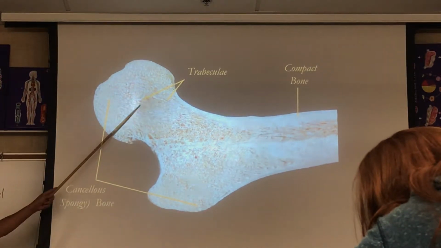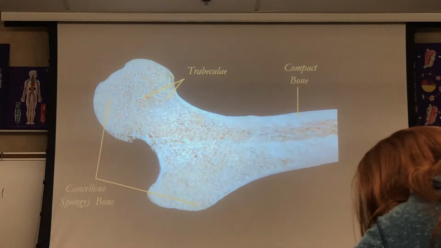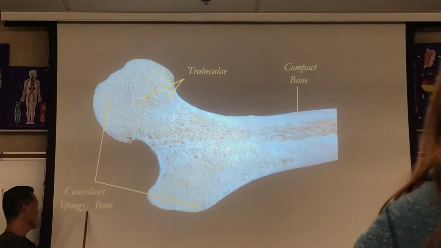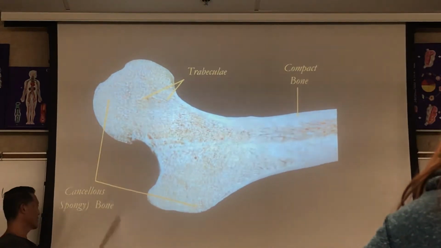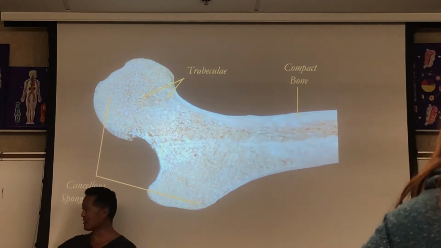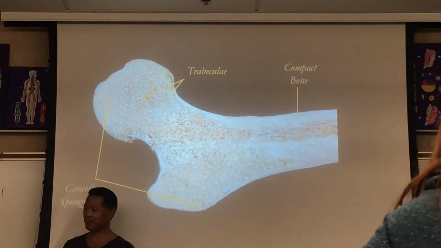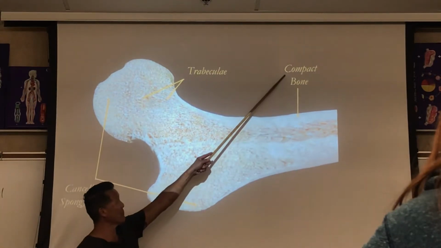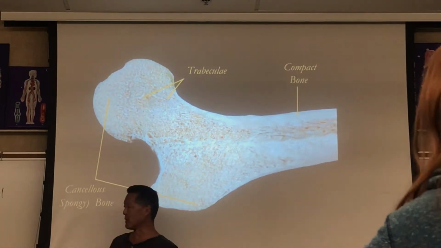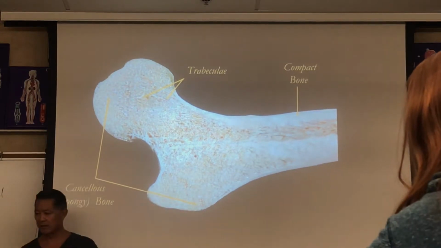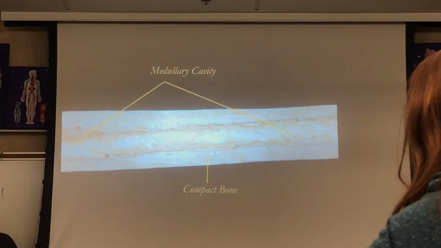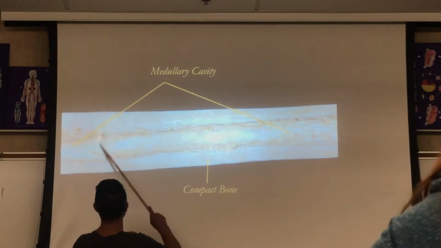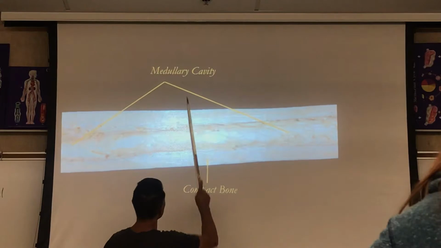But all these trabeculae make it look spongy, hence it's called spongy bone. You actually have three synonyms you can use: spongy bone, cancellous bone, and, since it's always inside, medullary bone. Compact bone is always outer. You can call it compact bone or cortical bone. Now if you look at the diaphysis, it is almost all compact bone. There's just a little bit of trabeculae lining the medullary cavity.